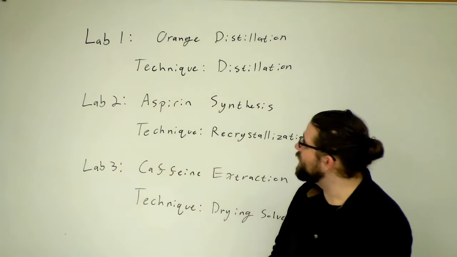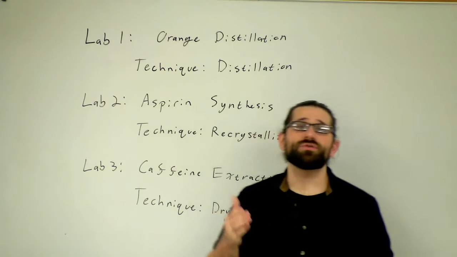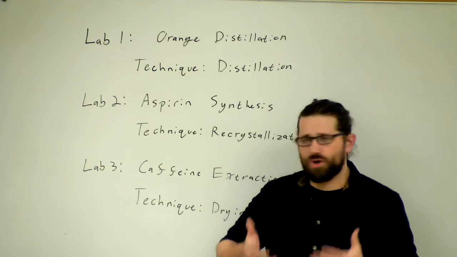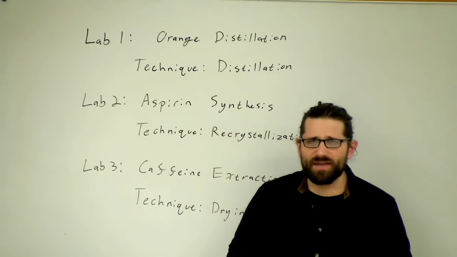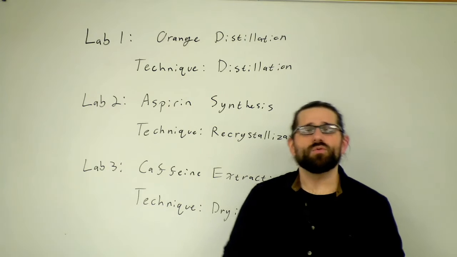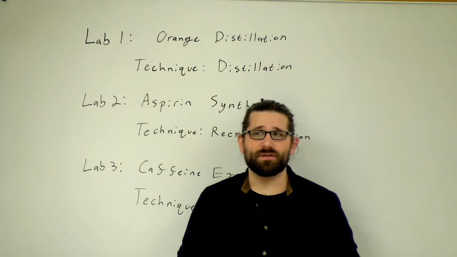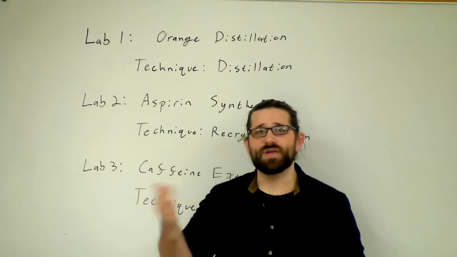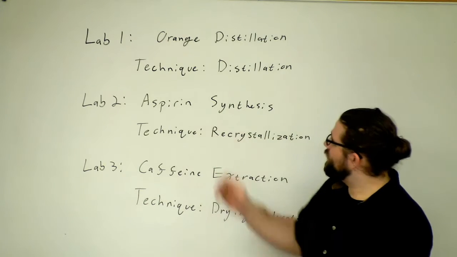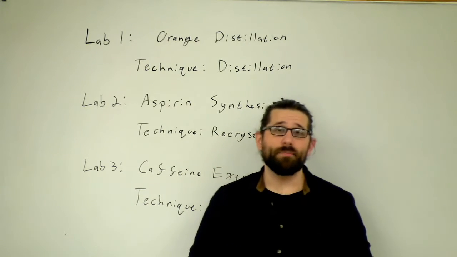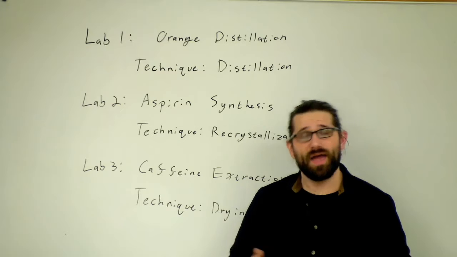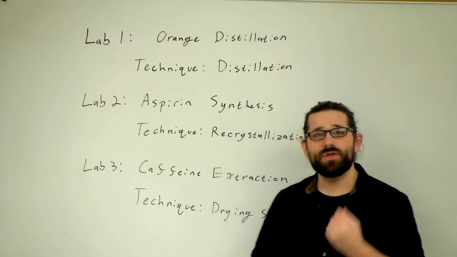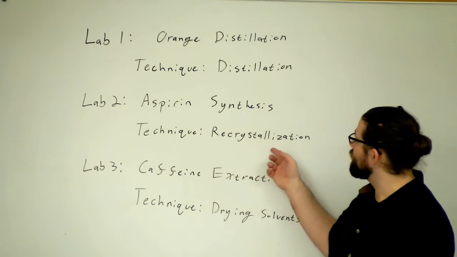Our second lab is going to be an aspirin synthesis. We'll be using some starting materials, salicylic acid and a little bit of sulfuric acid, and we'll be using these to create the compound that becomes aspirin. In this technique, we will be making some byproducts that we'll need to purify out of our aspirin. And to do that, we'll be using a technique called recrystallization.